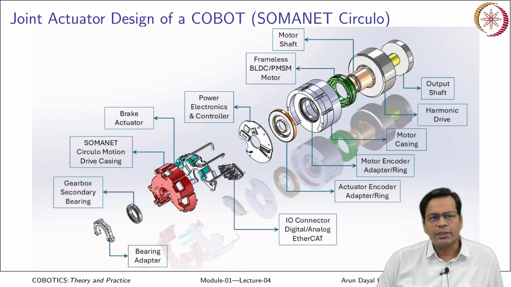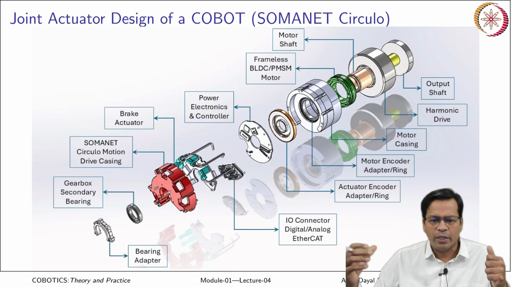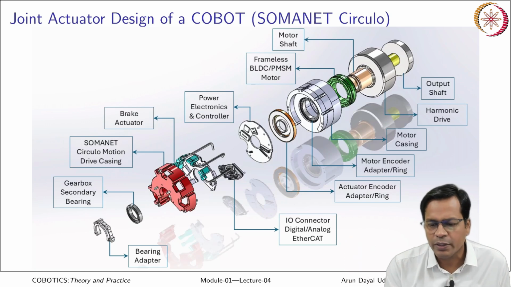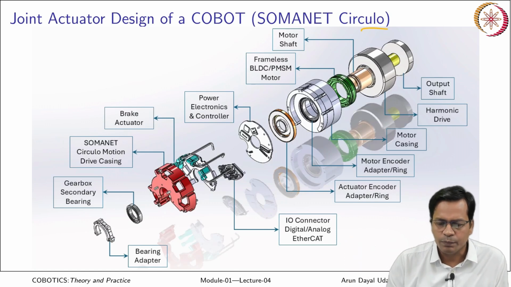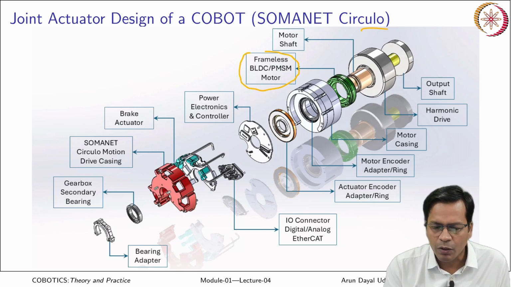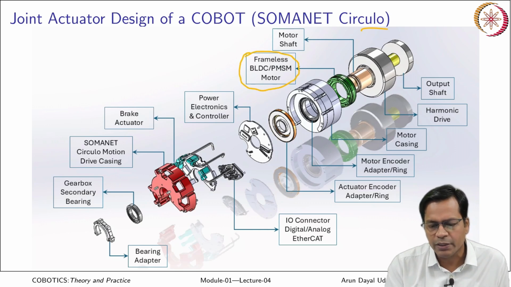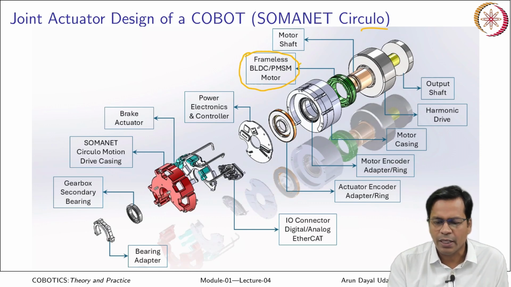So if you disassemble whole of this cobot joint, over here it is a Somanet Circulo which I have shown. You see it has a frameless BLDC, that is brushless DC motor, or permanent magnet synchronous motor if it is AC kind of cobot. So this is a frameless motor.